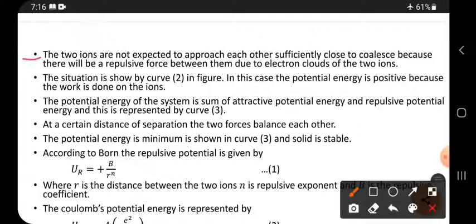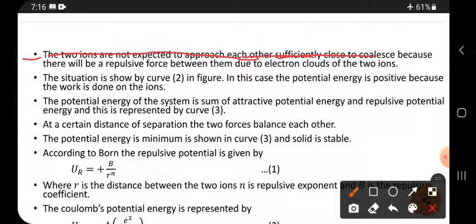So generally they are not coming nearer to each other. That is the meaning of this line. They are not coming to each other up to that sufficient distance.